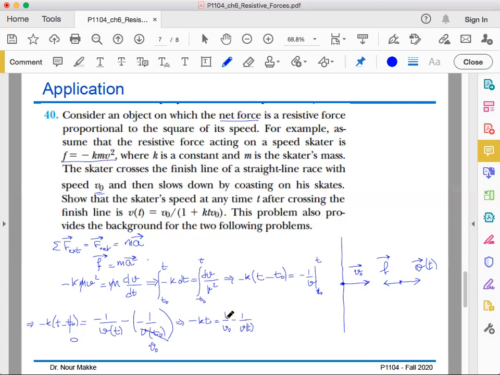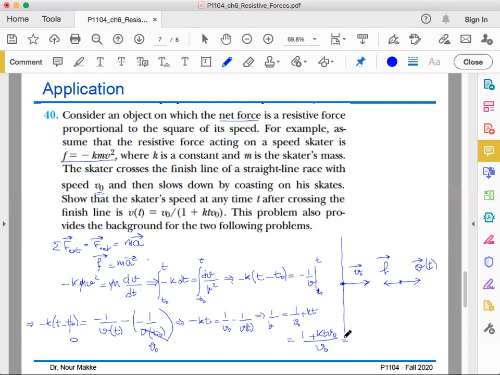And from this expression, if you just work it out, you will end up with the expression we want. So let's just do it. We end up with 1 over v is equal to 1 over v0 plus kt, which is 1 plus k times t times v0 divided by v0, if you take v0 to be the common denominator.